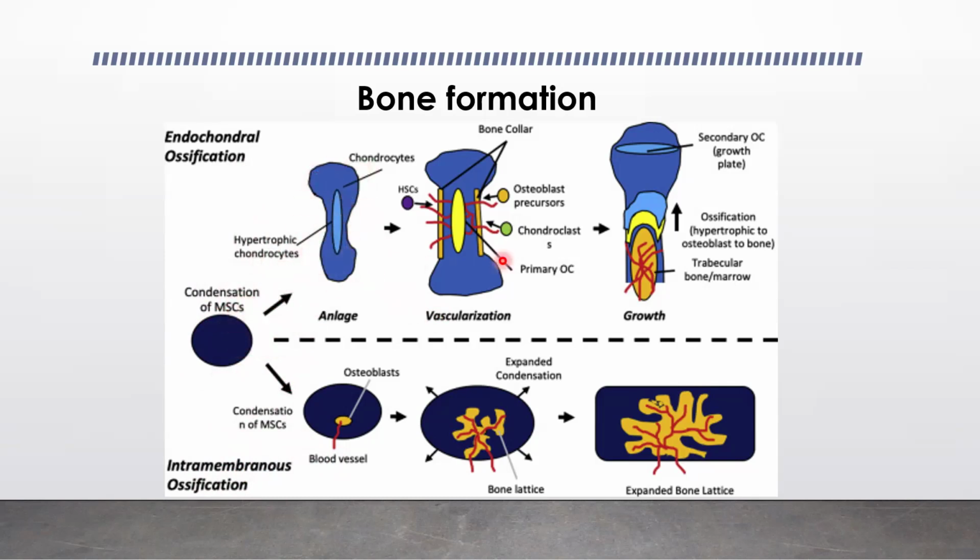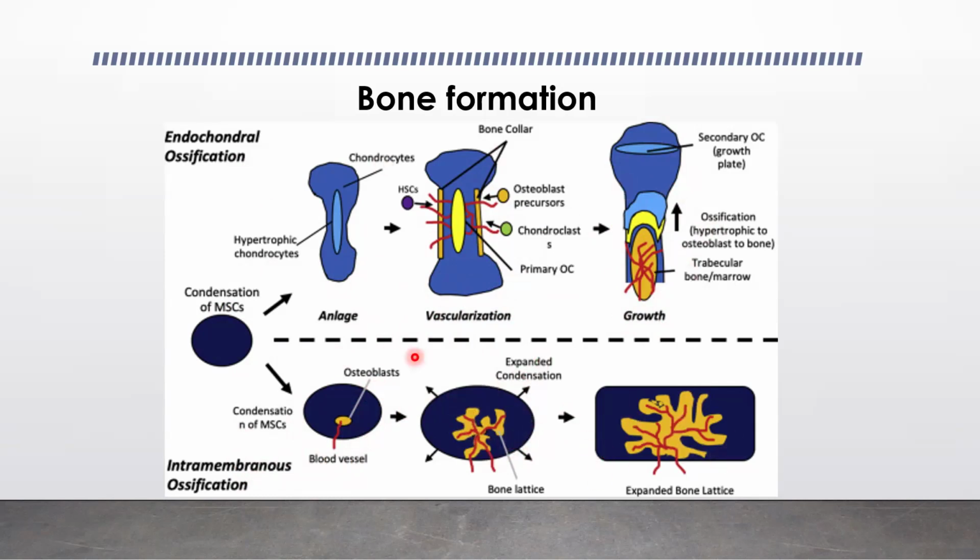They hypertrophy, and then you have the hyaline cartilage plates, which will undergo vascularization, and you'll have growth. Remember, in growth, you'll have the epiphyseal growth plate coming in, and then you'll have deposition of calcium in them. In intramembranous ossification, you just have a blood vessel carrying the osteoblast. The osteoblast is the one that lays down the matrix, giving you the bone lattice, then the bone lattice expands.